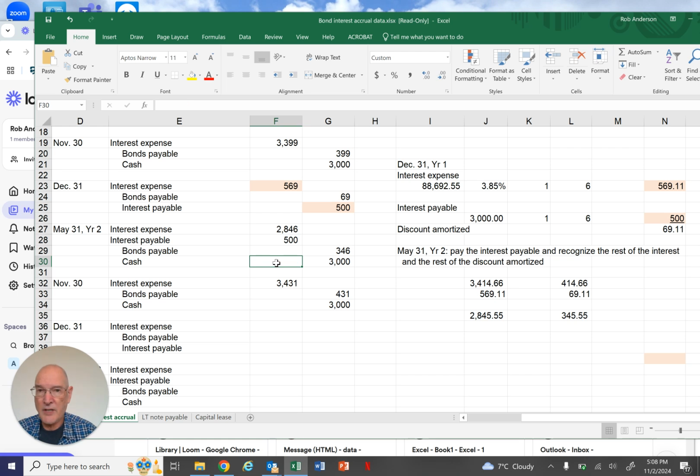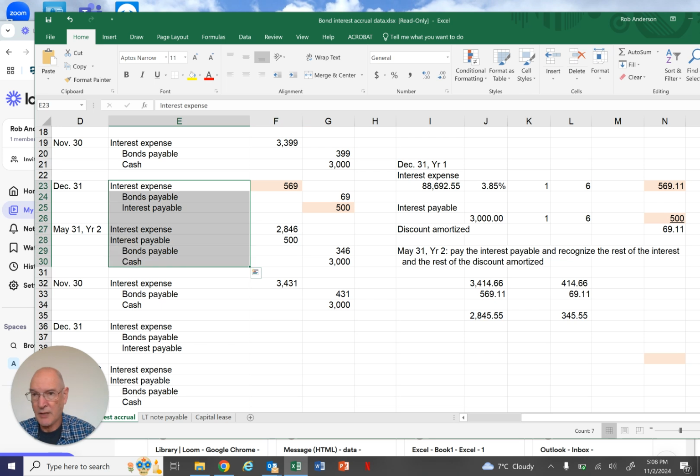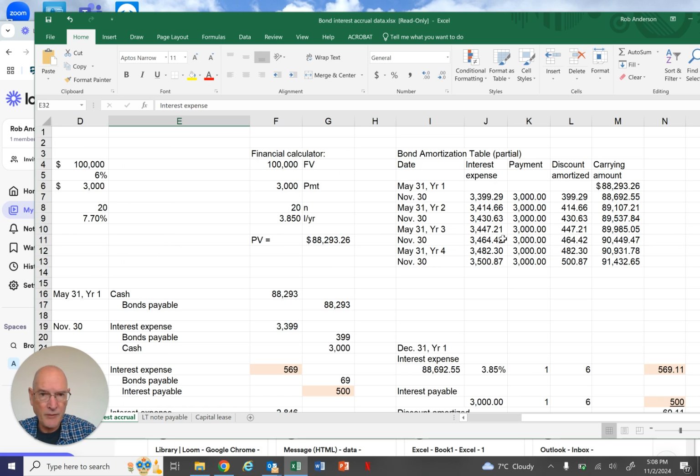Okay, so that looks at an interest accrual at December 31. All of these account titles are going to be the same. So every December 31 and every May 31, we're going to have the same account title. The November 30 payment is a standard payment. We just take the line from our amortization table. So November 30 year 2, here's November 30 year 2.